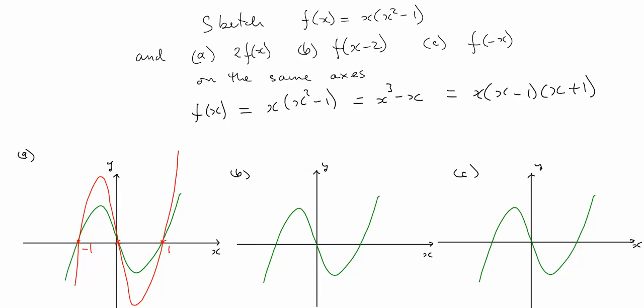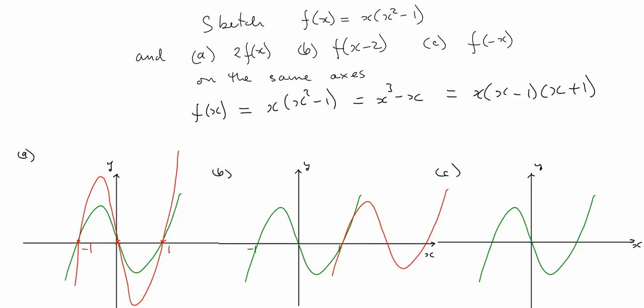And so these points minus 1, 0 and 1 will all be translated by 2. And the curve is translated along by a factor 2, so we must indicate the points where it crosses the axes. Minus 1 goes to 1, 0 goes to 2, and 1 goes to 3.